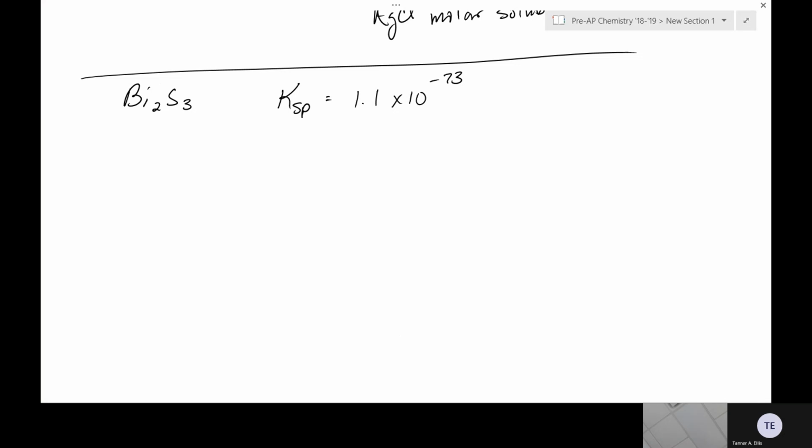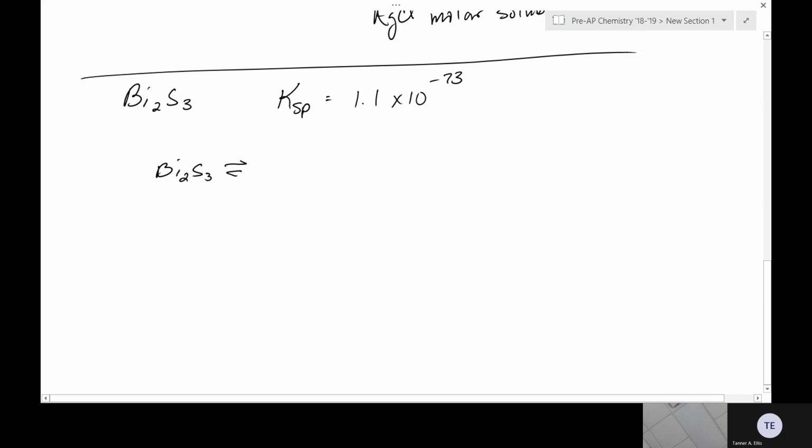So it's just bismuth sulfide. If I have that compound right there, what's the molar solubility of that compound? Now, here's the deal. I said, what's the molar solubility? What am I really asking for? What's X?